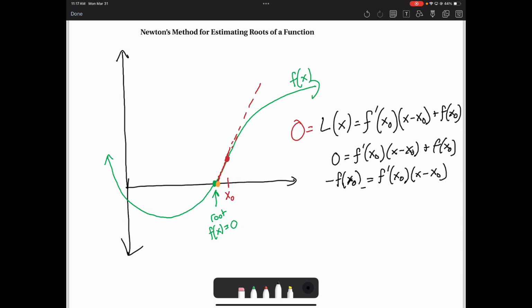Remember, x sub 0 is a set value. It's something that we've already chosen. So we're solving for x here. I'll divide by f prime of x sub 0.